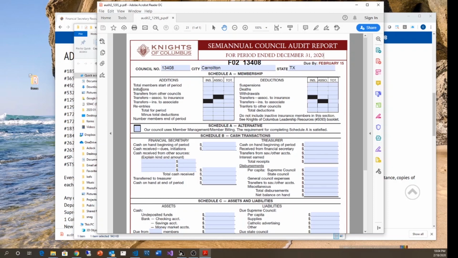The first section here is for the membership. Your council should be using officers online and billing online, so go ahead and check this. If you're not using member management and billing online, you're going to have to do all of these sections, and we'll cover that in another video.